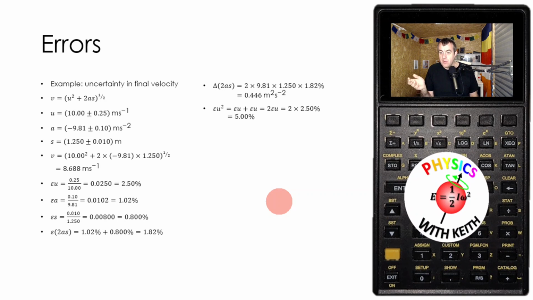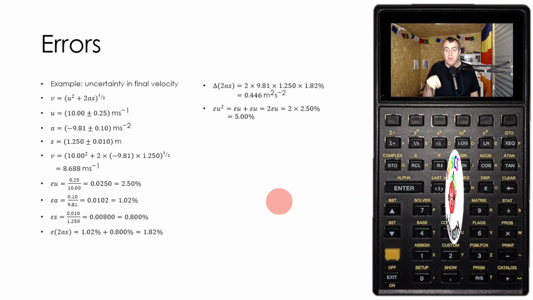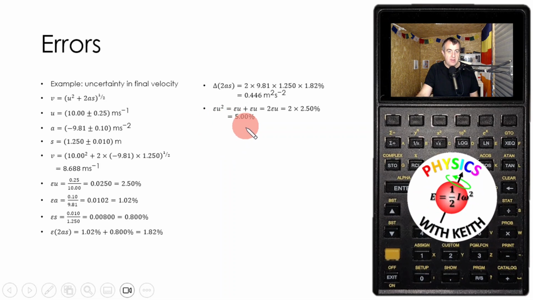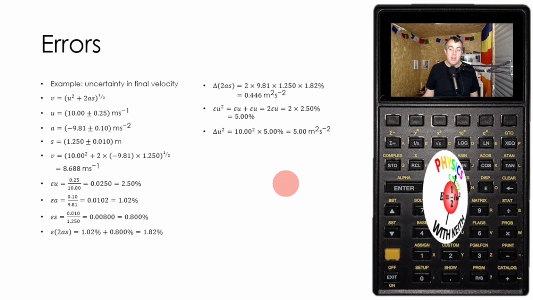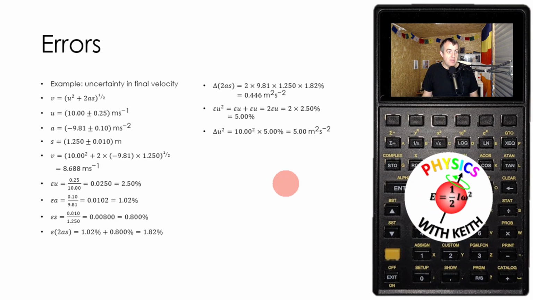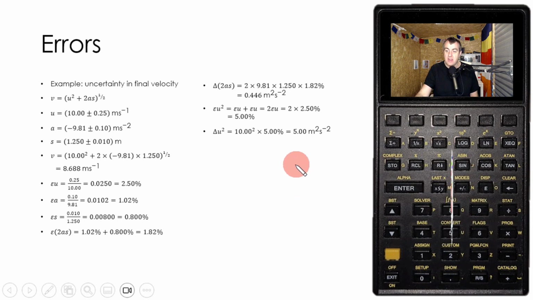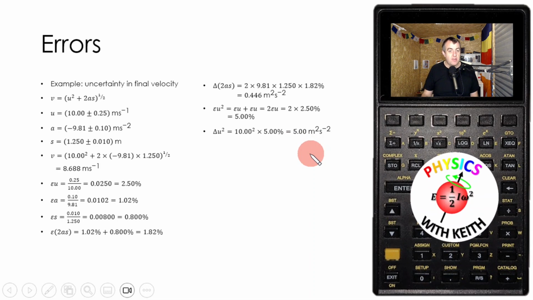Remember, if I've got something raised to a power, I can multiply the percentage uncertainty by that power. So I've now got 5%. I need to get that into an absolute uncertainty, so I multiply that 5% by what u squared is, which is 10.00 squared, or 100.0.